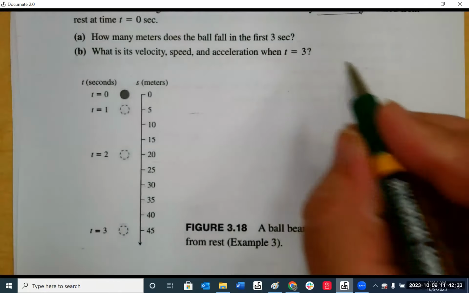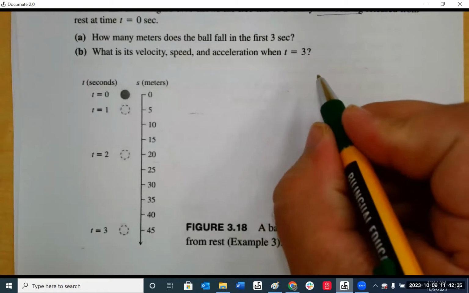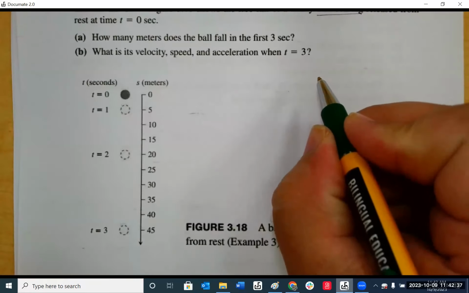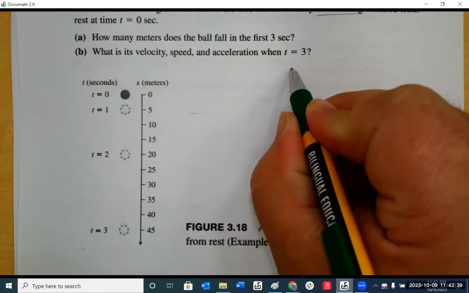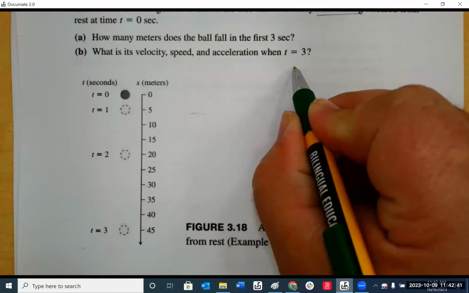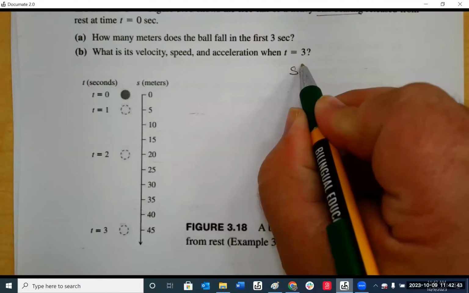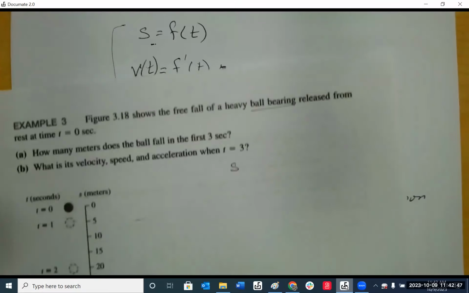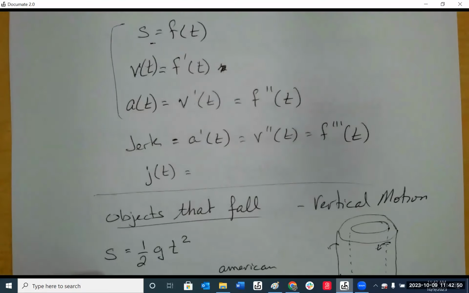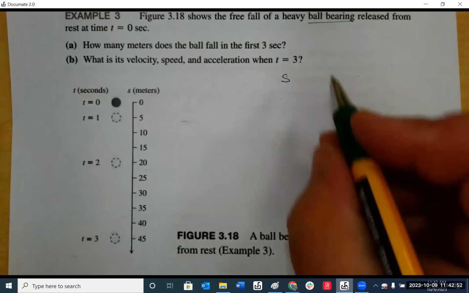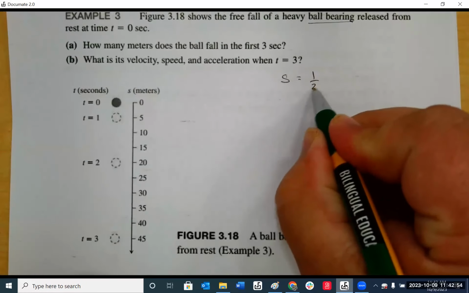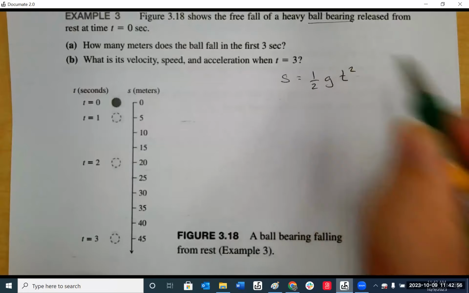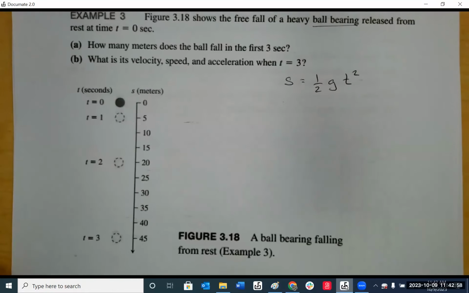So how would you do it? What's the formula you're going to use? We're looking for distance. Where's our formula? S is equal to 1/2 g t squared, because it's a free falling body.